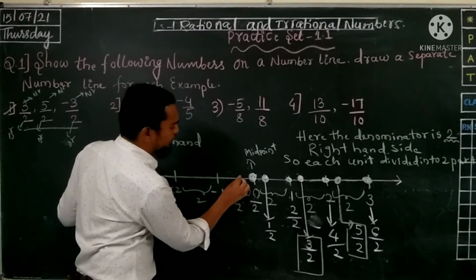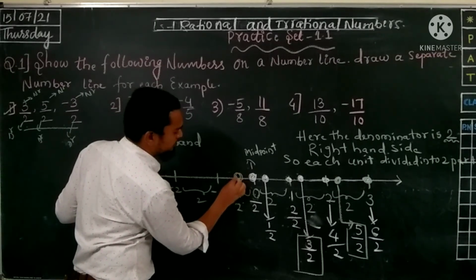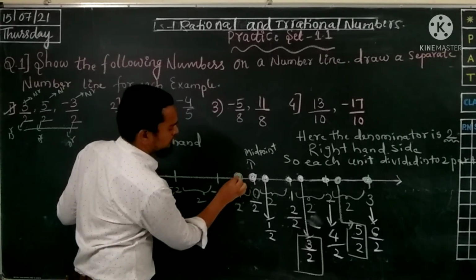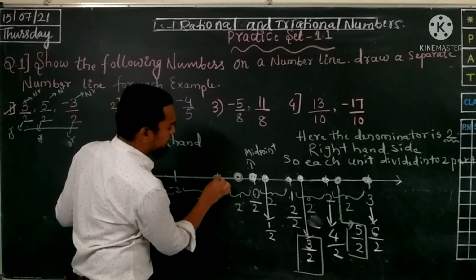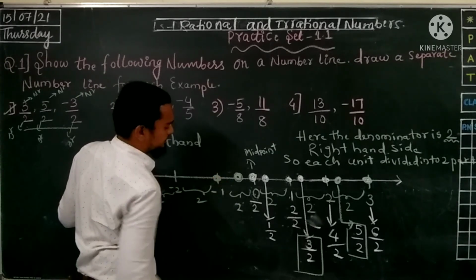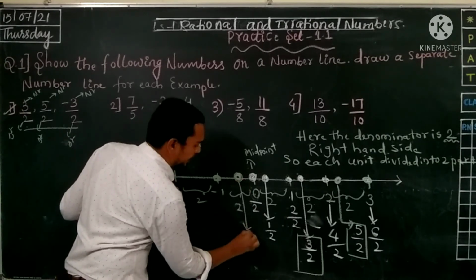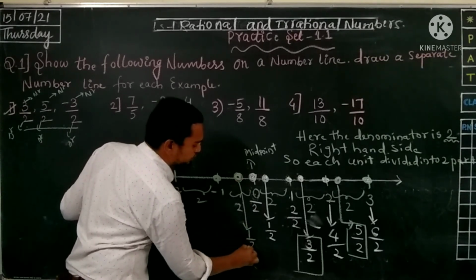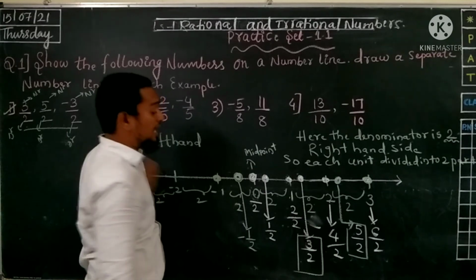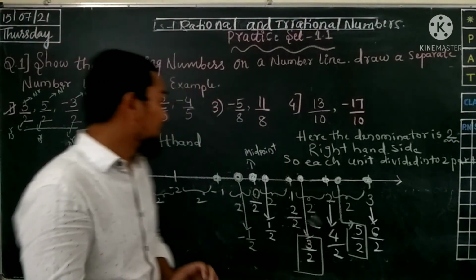0 to 1 is 2 units, meaning here 1 unit and here 2 units. This is considered as minus 1 upon 2. Why are we taking minus 1 upon 2?